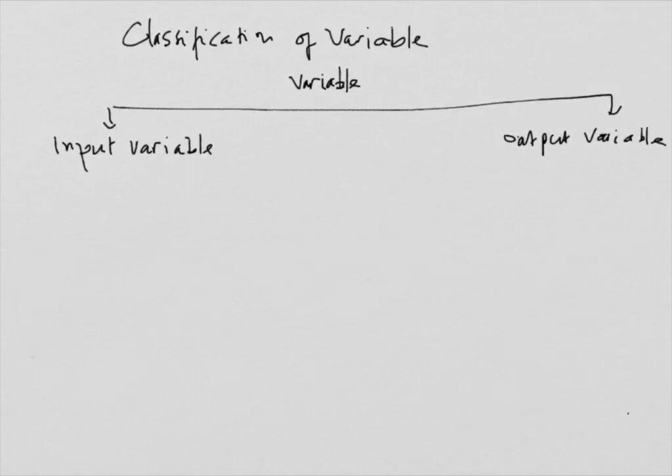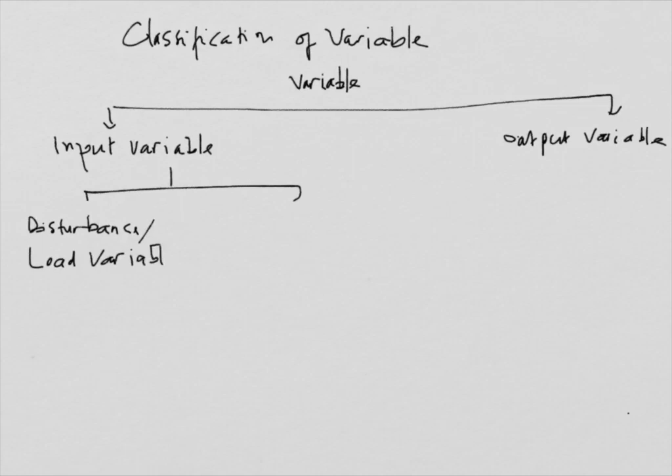In input variable, there are two types of variable. We call this the disturbance variable or load variable, can brief it LV.